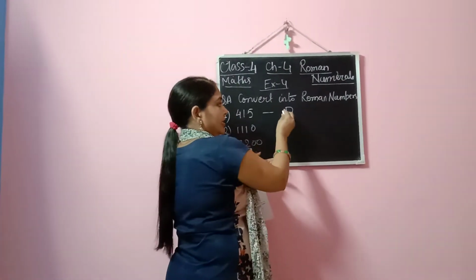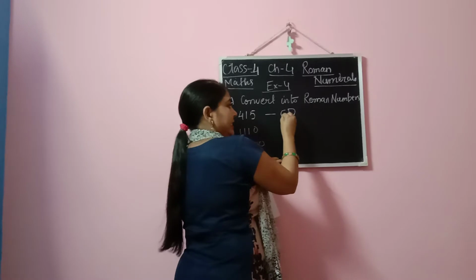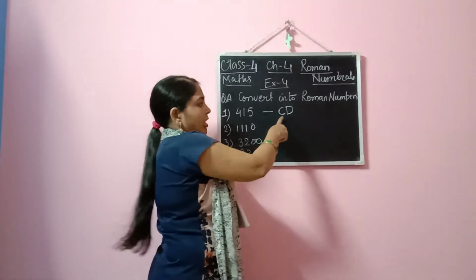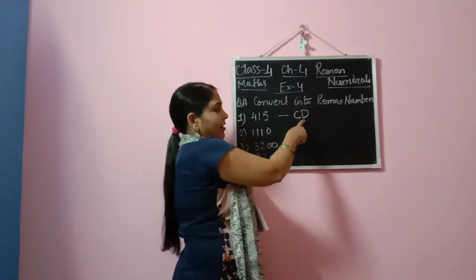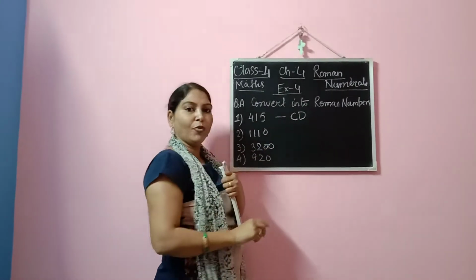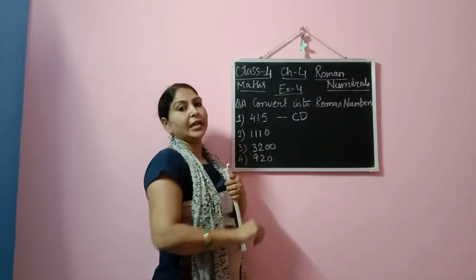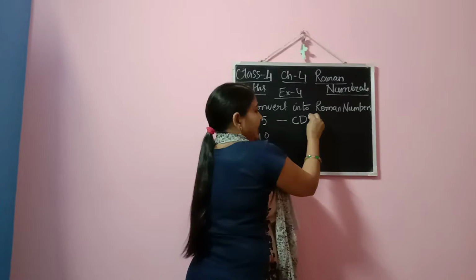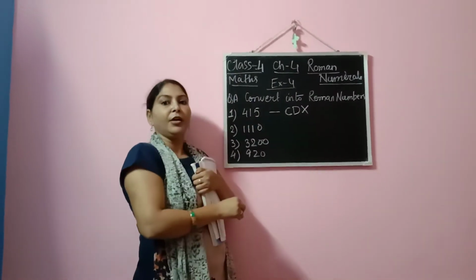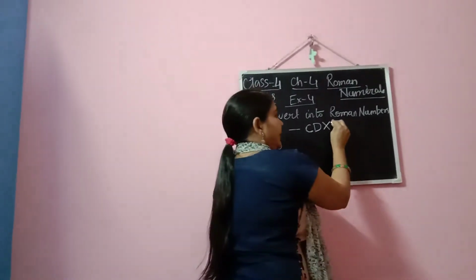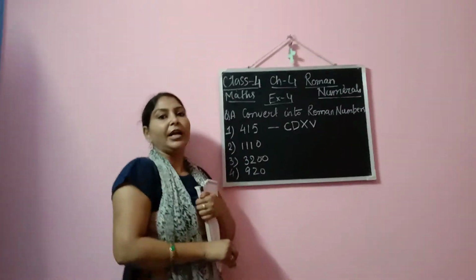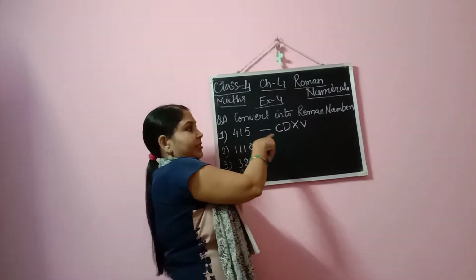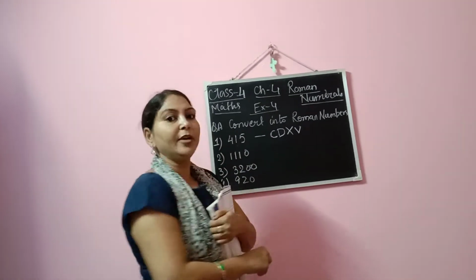C is the symbol for 100, so this has become 500 minus 100, which is 400. Now we write 15. For 10 we write X, and for 5 we write V. So 415 is written in this way in Roman numbers.